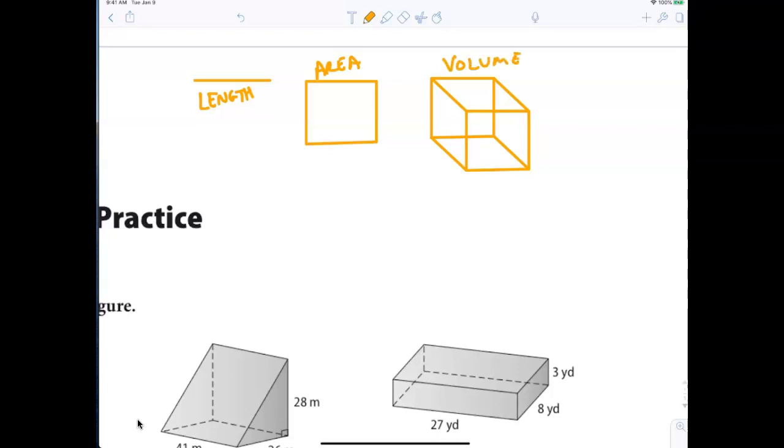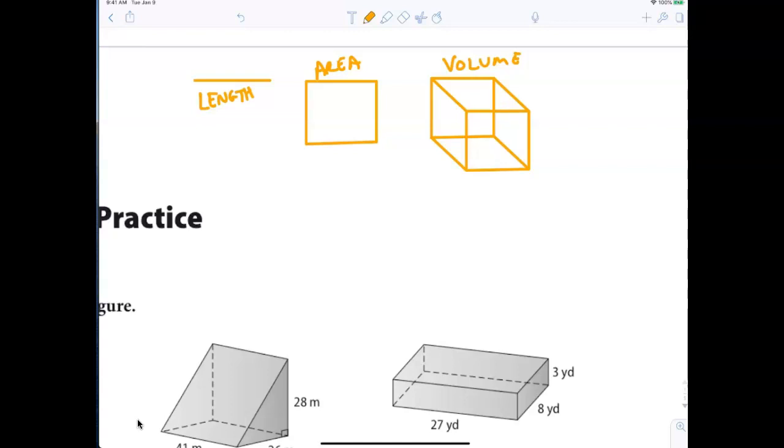All right, we measure what's inside a room with cubes. How many cubes can fit in there? On a surface, we say how many squares can fit on that surface. And if you want to know how tall something is, you measure its length. All right, so those are the 3 most important things that you should be able to tell somebody now.